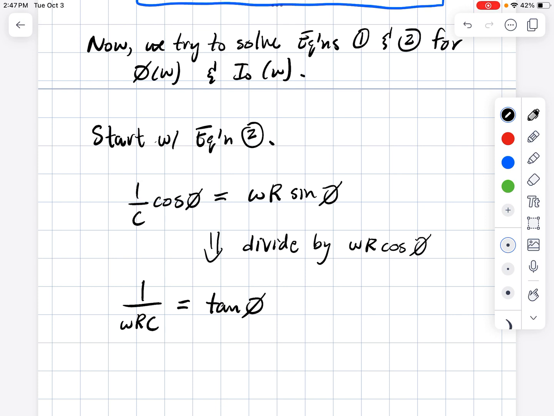And so we can say the phase is equal to the inverse tangent of 1 over omega RC.